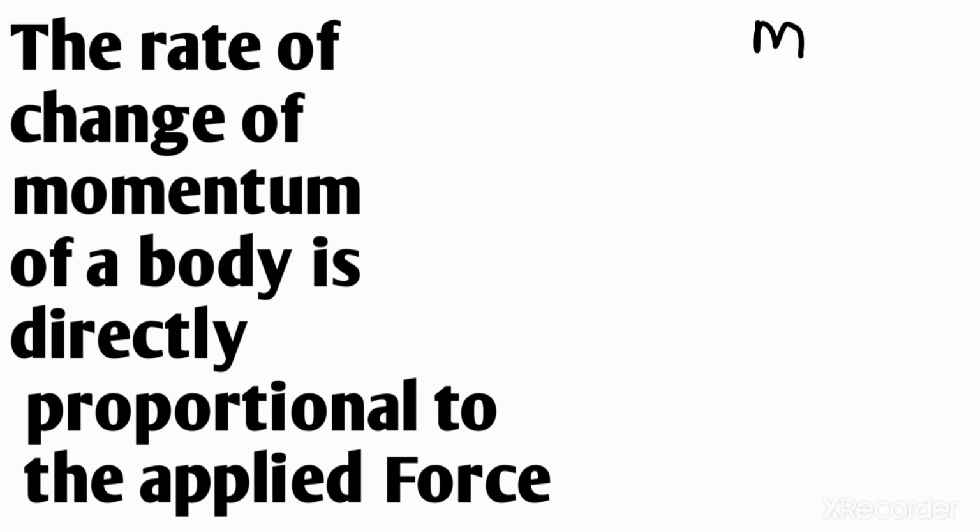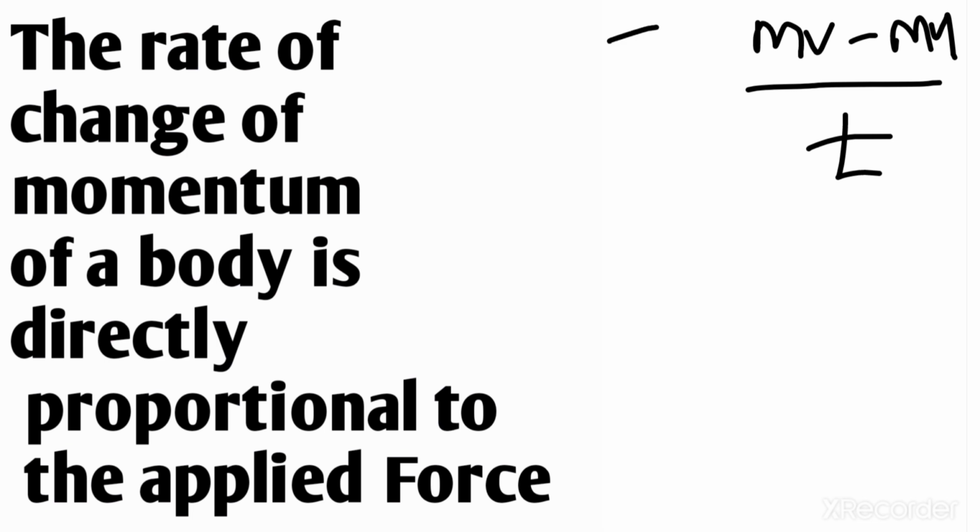This is for momentum, final momentum, initial momentum. Then the time. Remember, when we talk about rate in physics, we deal with time. So the rate of change of momentum of a body is directly proportional to the applied force.